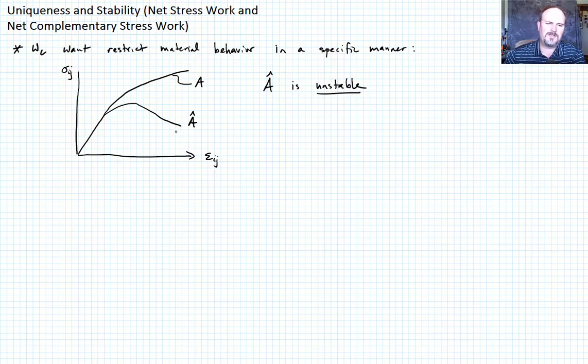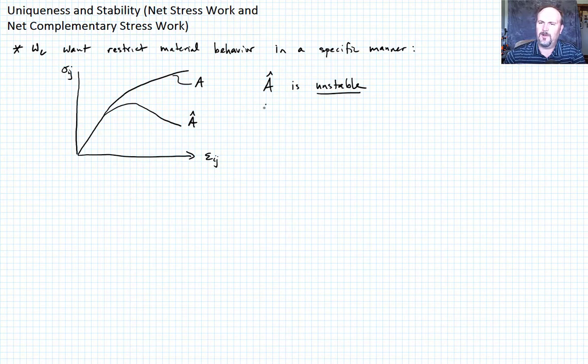Okay, so what does that mean? If I have load control and I pull on it with a fixed load, once I cross this point, if I keep the load fixed, basically I will strain as far as it can strain until I rip it into two pieces, but there's not an equilibrium solution.